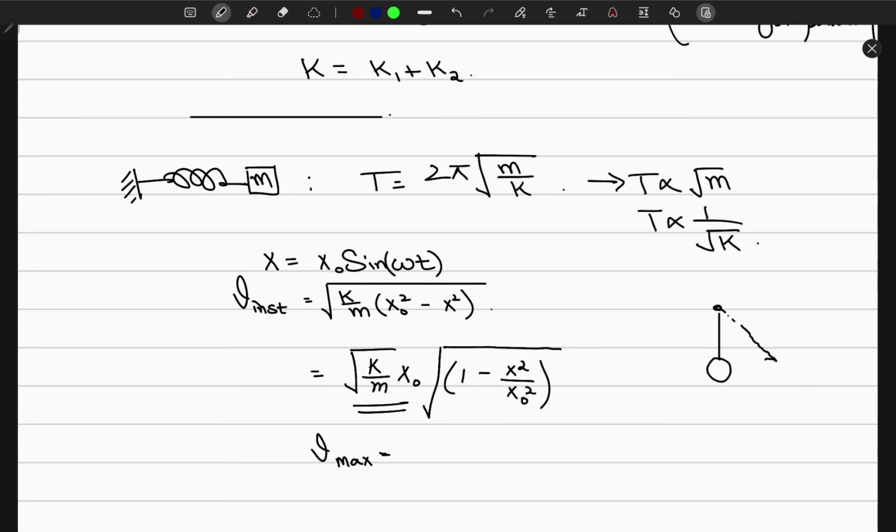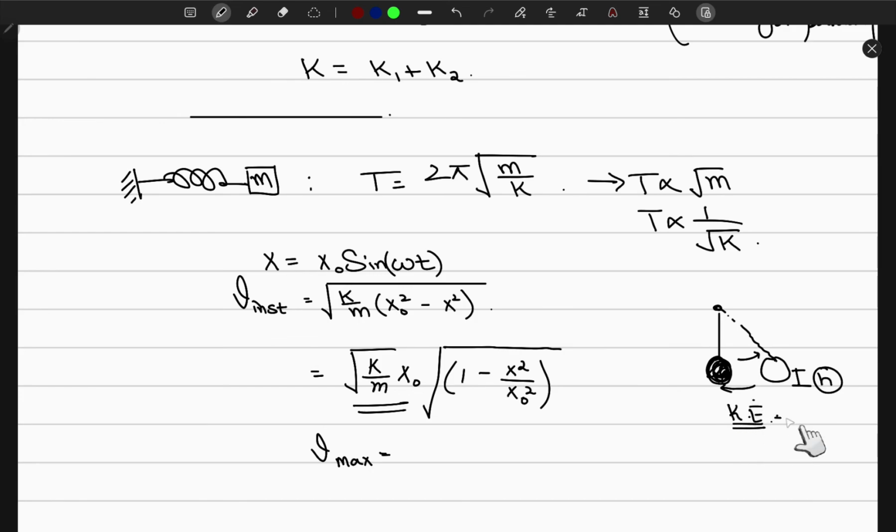You moved it here, and when it's coming back to its mean position, all of the potential energy that it gained by increasing some height has been converted, when it comes back to its original position, into kinetic energy, all of it. So at this point, the maximum thing would be the kinetic energy, right?